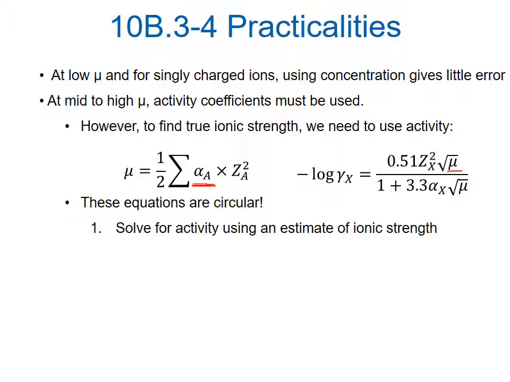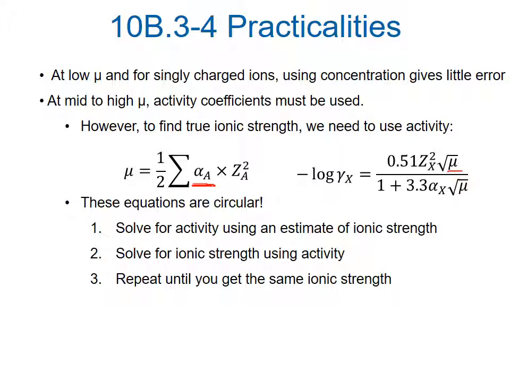First, we're going to solve for the activity using an estimate of ionic strength. So we might have some idea of what the ionic strength looks like, or we might be able to make some guess, and we can solve for activity based on that. After we do that, we can solve for ionic strength using activity. After we do that, we can repeat again until we get the same ionic strength.